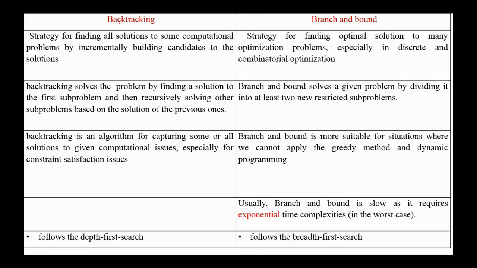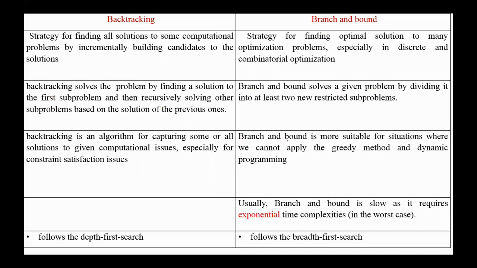Here is a comparison between backtracking and branch and bound. I mentioned some of them. Backtracking solves the problem by finding a solution to the first subproblem and then recursively solving other subproblems based on the solution of the previous ones, while branch and bound solves a given problem by dividing it into at least 2 new restricted subproblems.